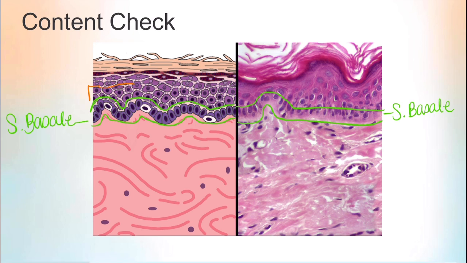So if we follow through all of these nice little guys right here. And then if we look at our image over here, stratum spinosum is going to be all of these right in here. So right under that deep purple line and right above the cells of the basal layer.